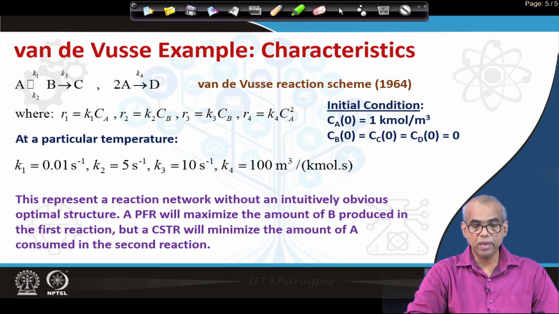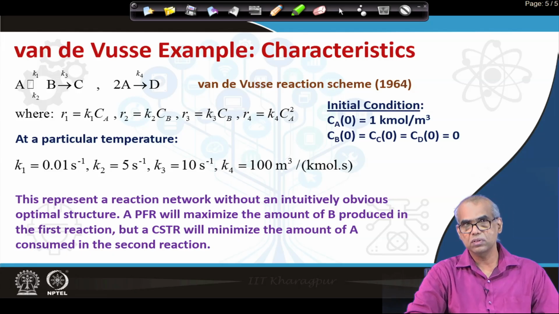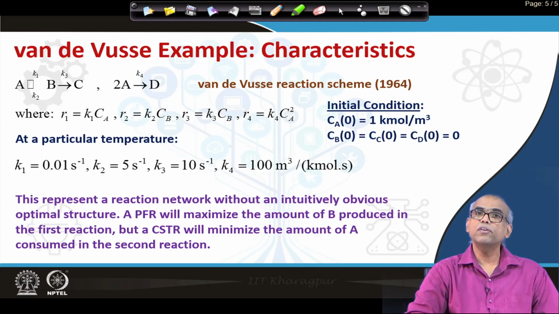A PFR will maximize the amount of B produced in the first reaction, whereas a CSTR will minimize the amount of A consumed in the second reaction. So, we will try to find out what should be the optimum reactor configuration using the attainable region method.